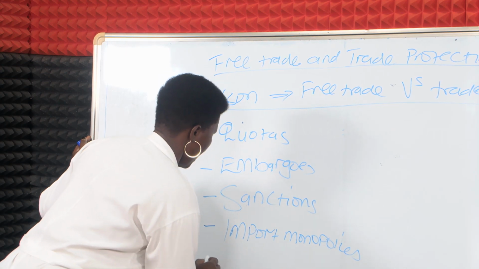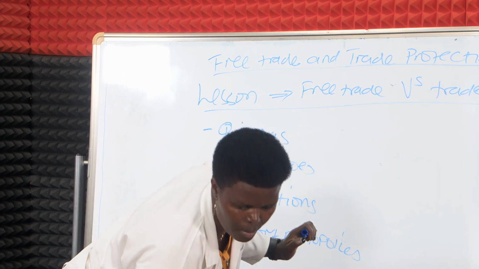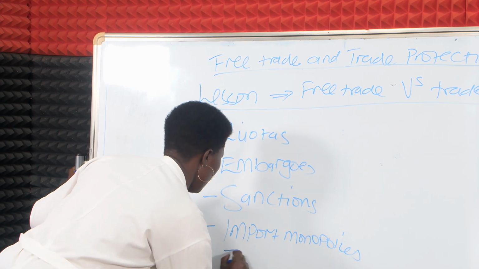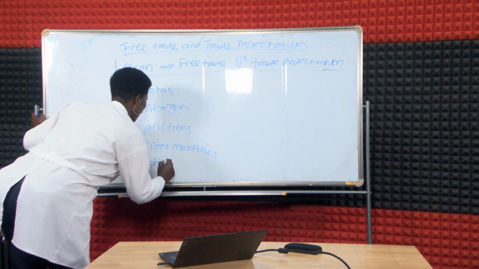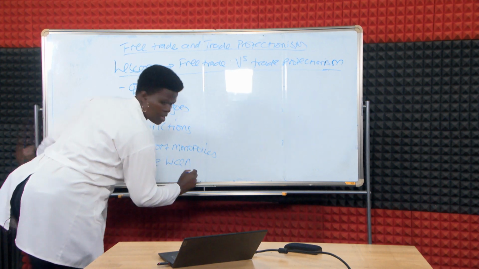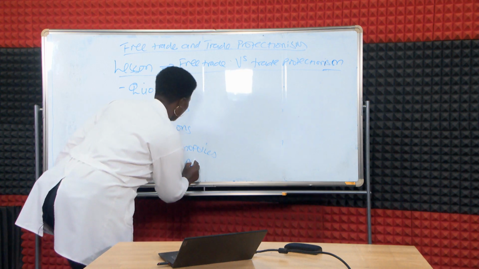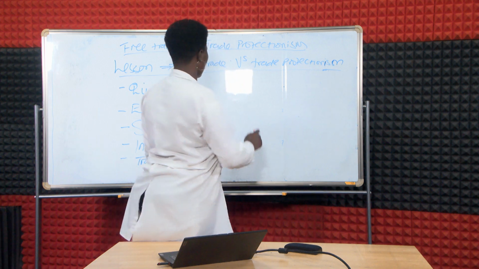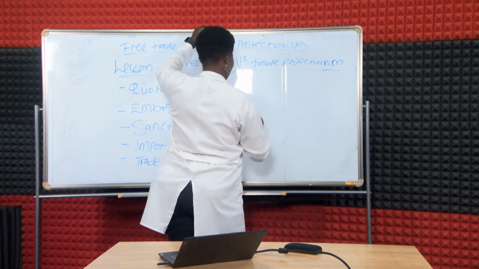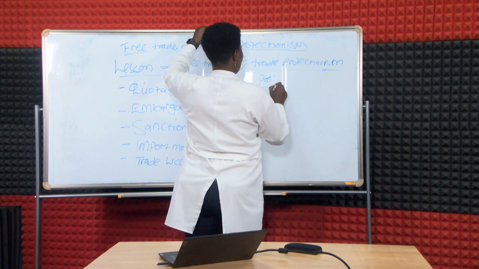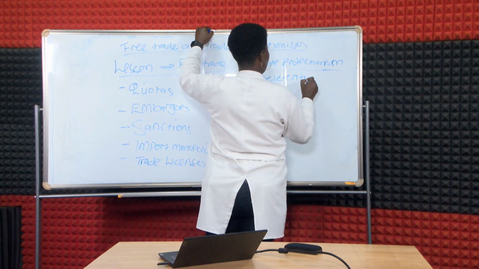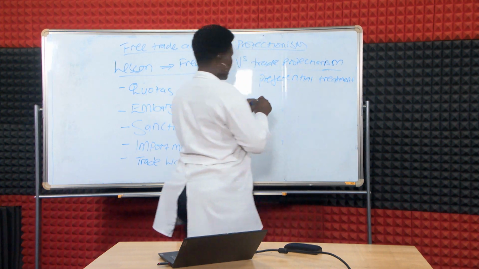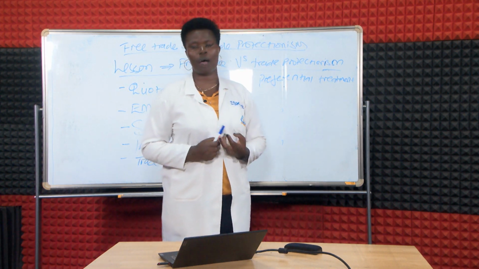Let's also have some other things: trade licenses. We are having also, for example, preferential treatment. As I said in the beginning, we are just having a sample of them.